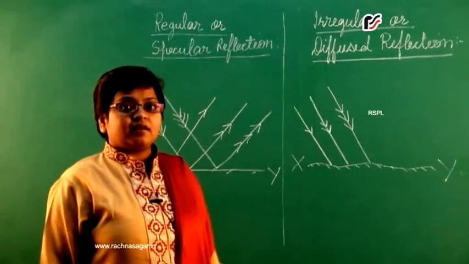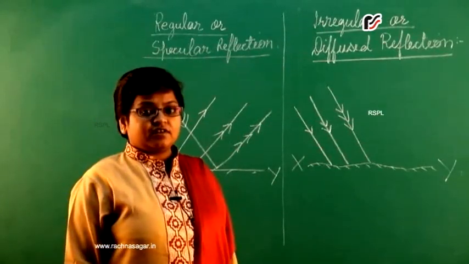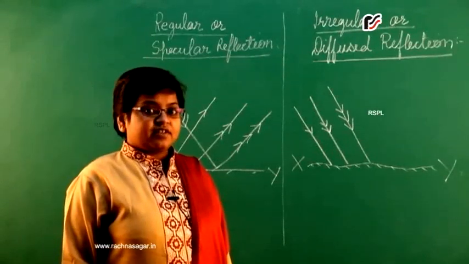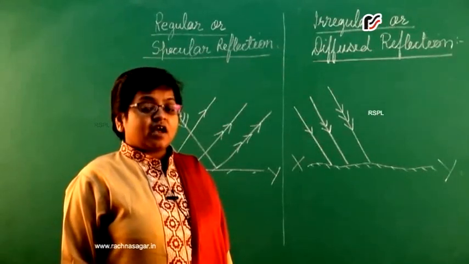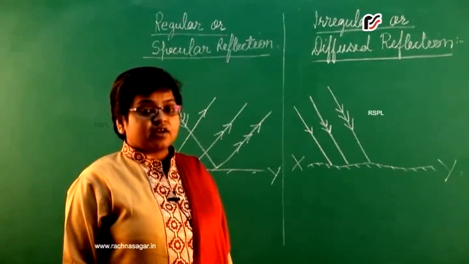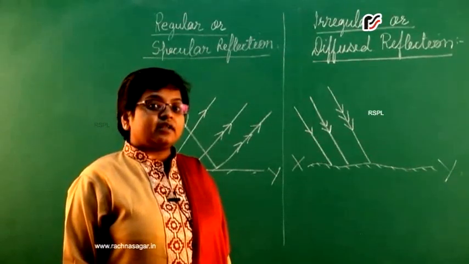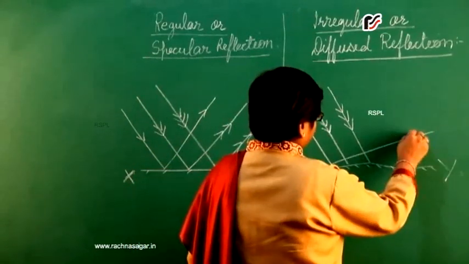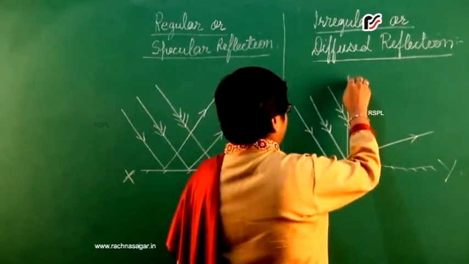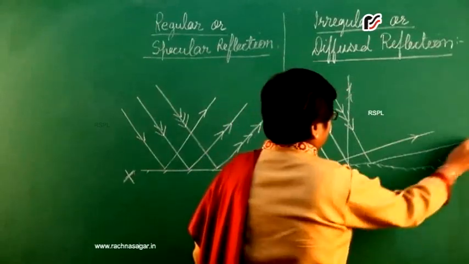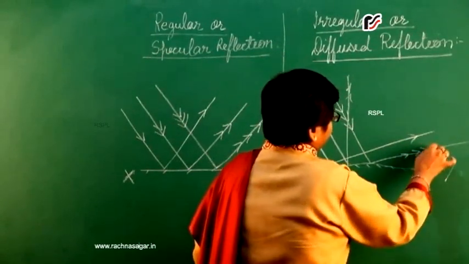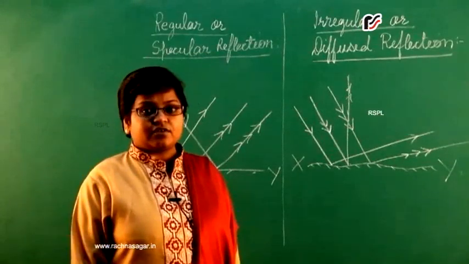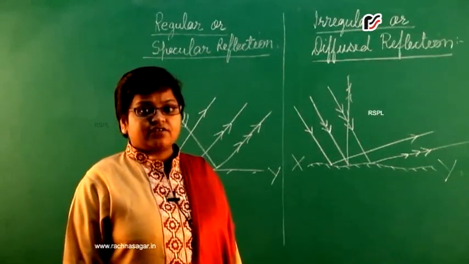After reflection, these three rays are not parallel to each other. They go here and there in space, like so. This type of reflection is known as diffused reflection.